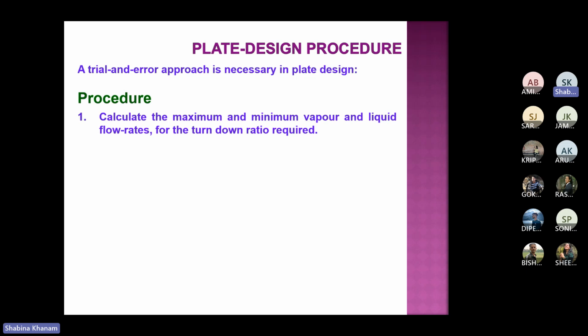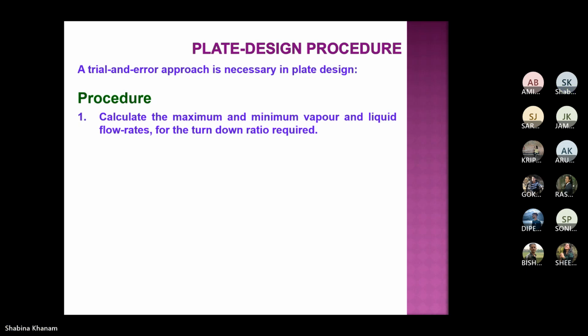The procedure is like, number one, we need to calculate the maximum and minimum flow rates of vapor and liquid considering the turn down ratio. Usually when we consider the design of a distillation column, we are given V and L. What is the vapor flow rate, what is the liquid flow rate, that is the known quantity, right?